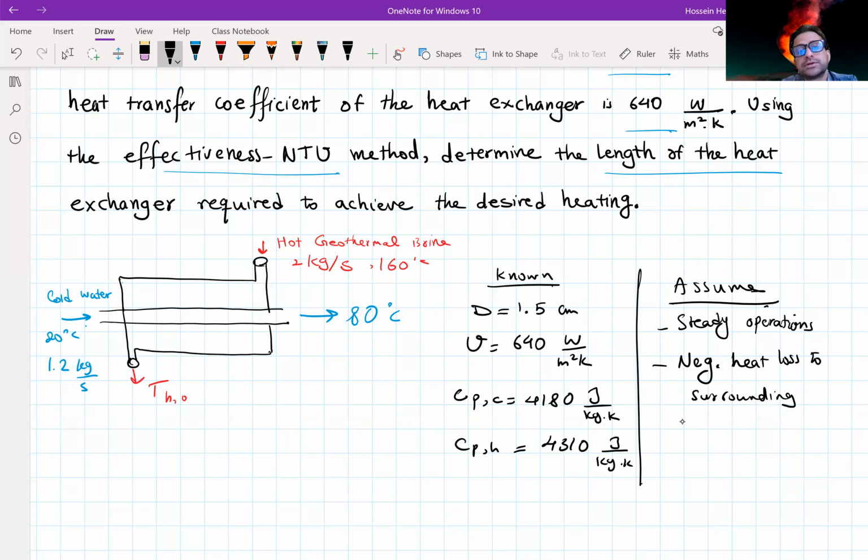So it's a very well insulated type heat exchanger. And the other thing is constant properties, and no fouling. So really, there is no deposit on the pipe inside or outside the pipe that could add resistance to the heat transfer.